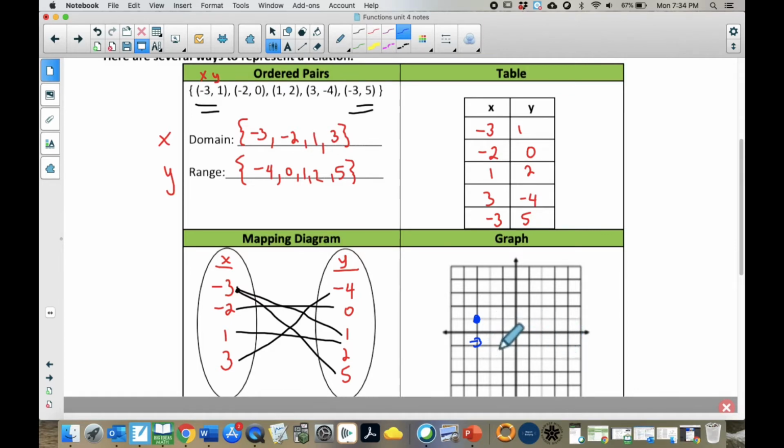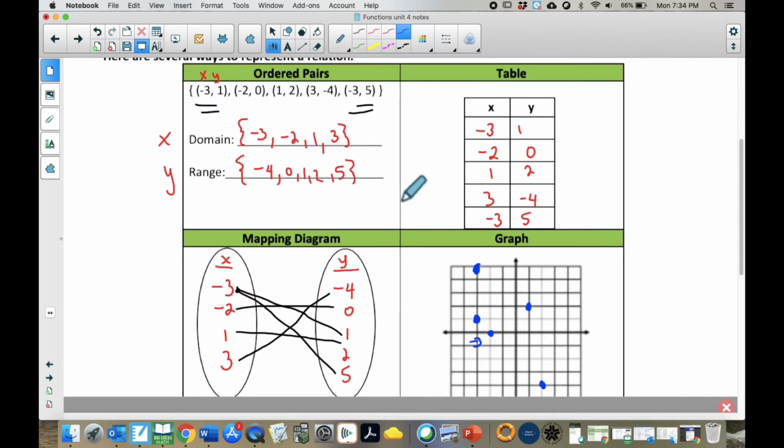So -2, 0 would be here. 1, 2 is going to be over 1, and up 2 is right here. 3, -4 is down here, and then -3, 5 is up here. And so I can graph each of those points and put them on a coordinate grid, and that also gives me some information.